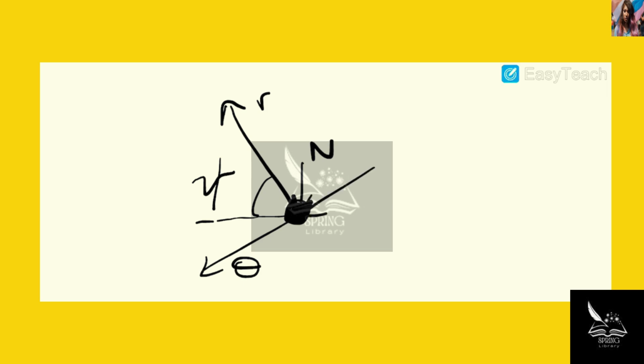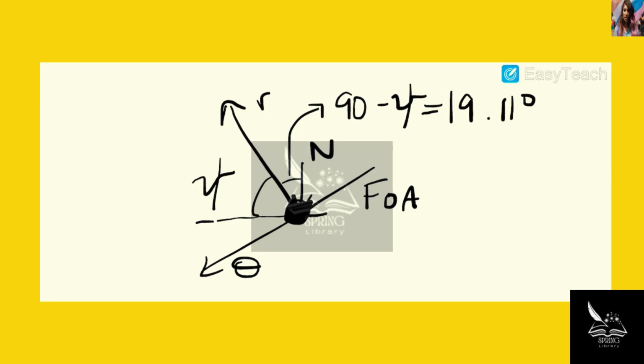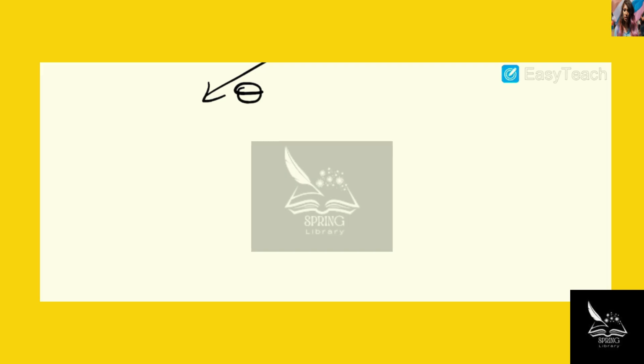And then we also have the force that is exerted from the rod rotating. With knowing that this is psi, we see that this is equal to 90 minus psi, and that is equal to 19.11 degrees.